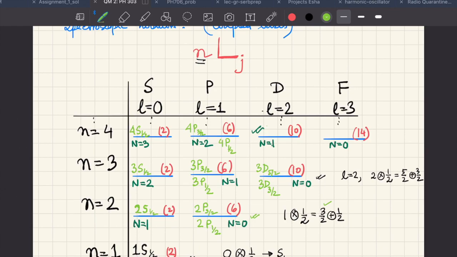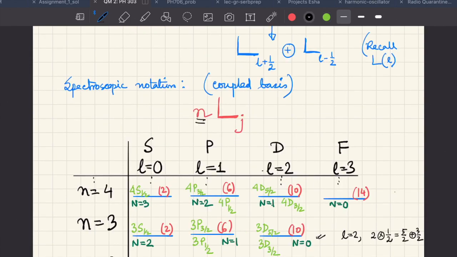Similarly here it will be 4D 5 by 2, 4D 3 by 2. Similarly, if we come to this last one, small l equal to 3, small n equal to 4, that means we have 3 tensored with half. This is going to give us 7 by 2 with 5 by 2. So this is nothing but 4f 7 by 2, 4f 5 by 2.